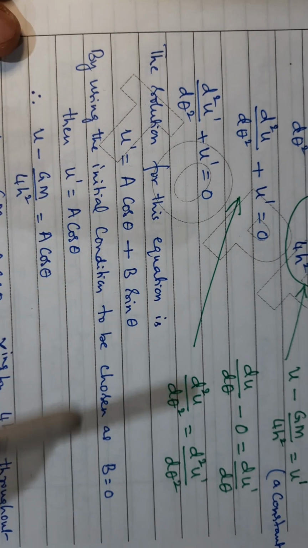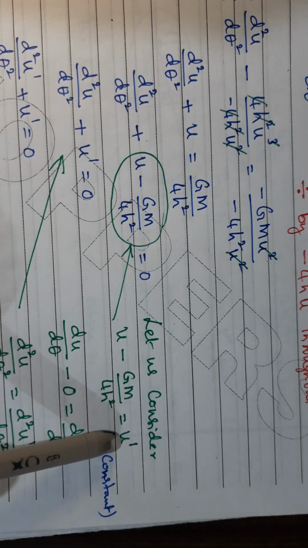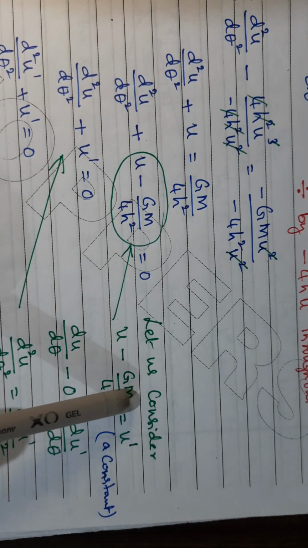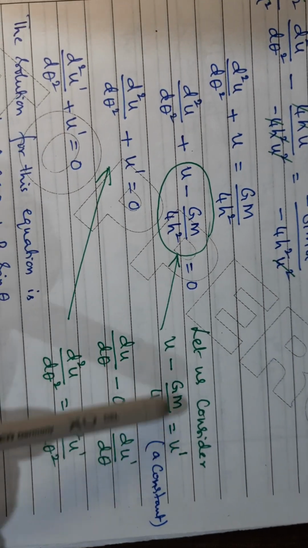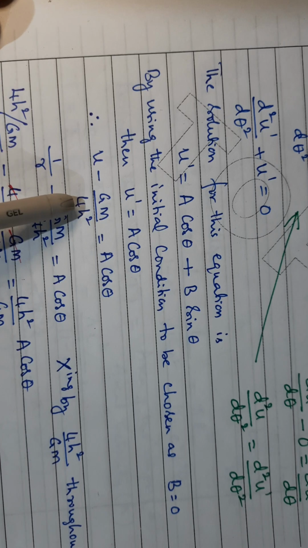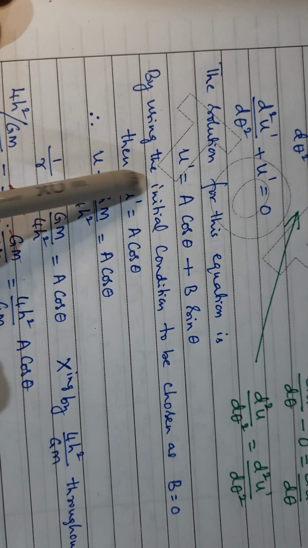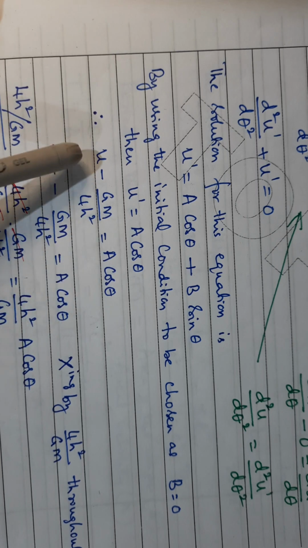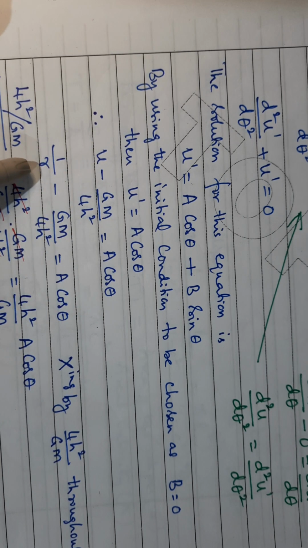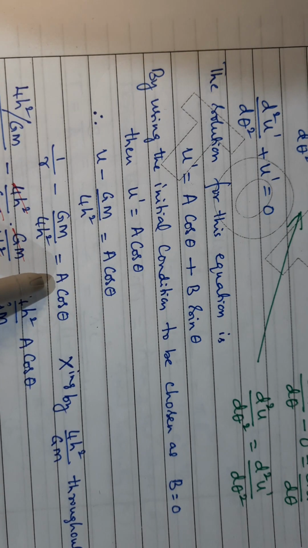But u dash, you know that already, is equal to u minus GM divided by 4h square. Substitute that. u dash in place of this is equal to A cos theta. But u is equal to 1 by r minus GM by h square, A cos theta.